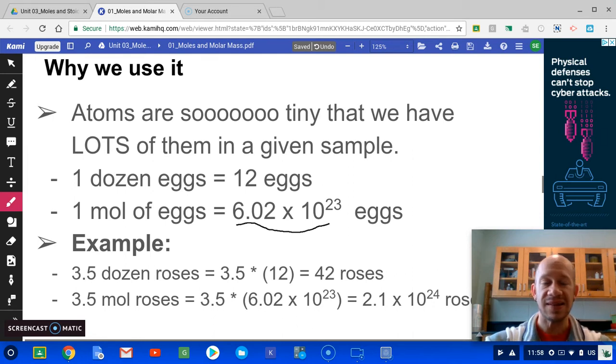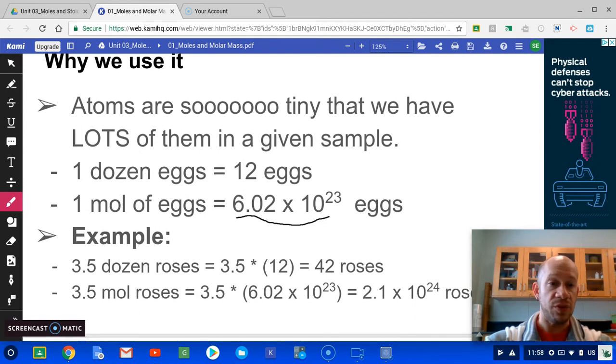So we can use that same idea, that same concept. If I have a certain number of dozens of eggs, I can calculate how many total eggs I have using this conversion. The same thing can apply. If I have a certain number of moles of a substance, I can calculate how many things I have of that.